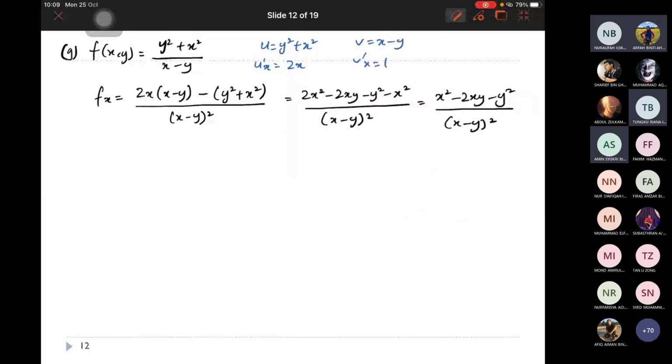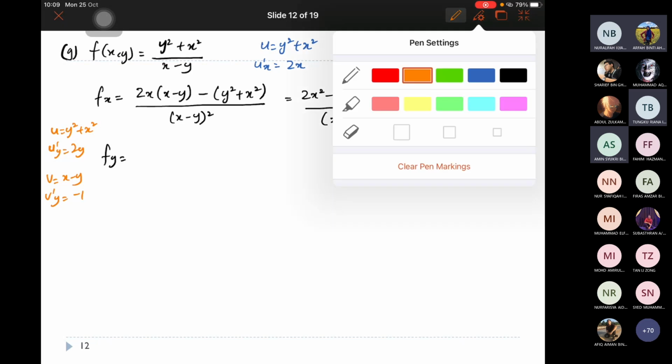Then the partial derivative with respect to y, f_y. The same goes for this one. u equal to y squared plus x squared, u prime y equal to 2y. v equal to x minus y, v prime y equal to negative 1. Okay.